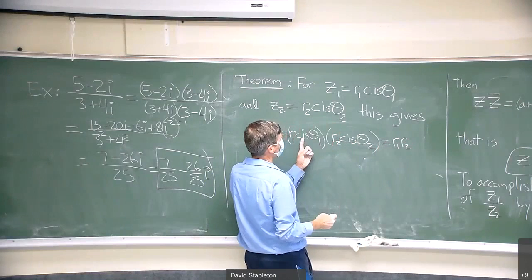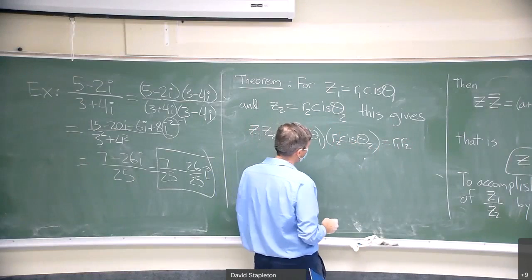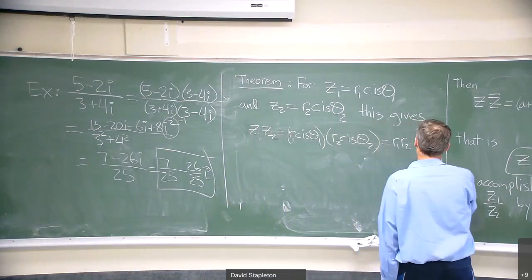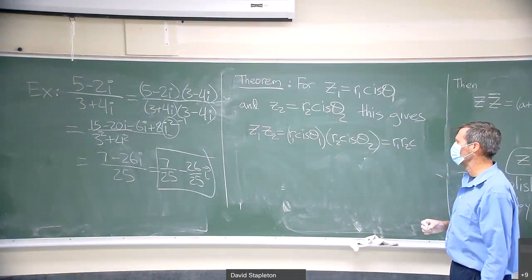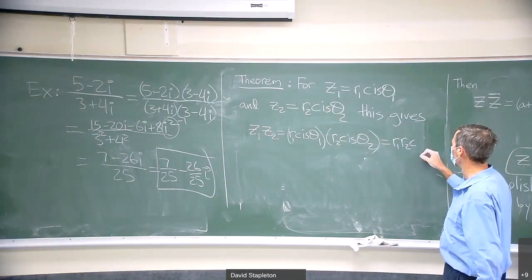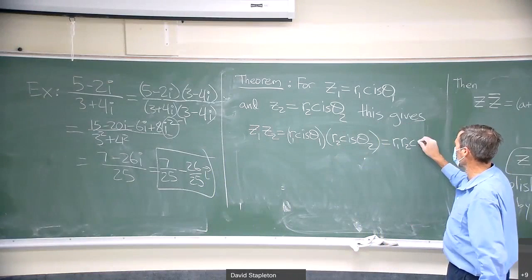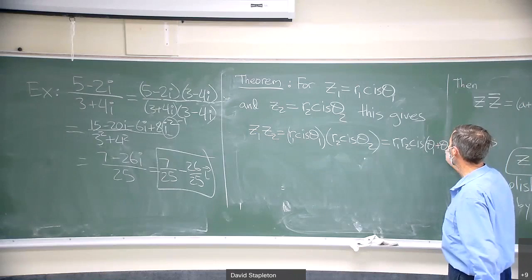And then cosine plus I sine theta 1 times cosine plus I sine of theta 2 turns out to be, and I'm going to omit the proof on this one unless somebody really wants to see it. It's a trigonometry proof. Remember all those sections we did on proofs? You can do one of those proofs with your sum and difference angles, and say this actually turns out to be cosine plus I sine of theta 1 plus theta 2.